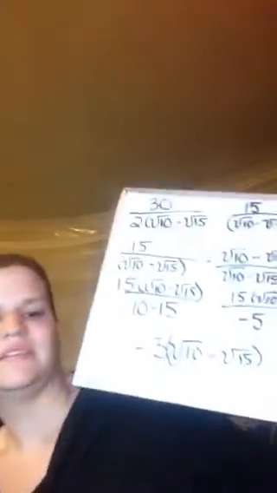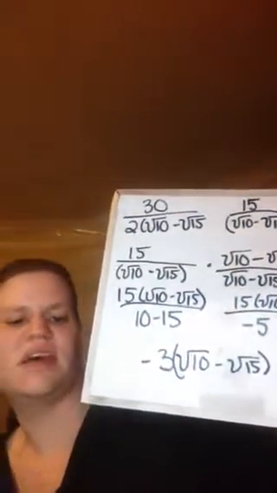Multiplied out. We can reduce it again. Because we have a 15 and a 5, we end up with 3, sorry, times the square root of 10 minus the square root of 15.